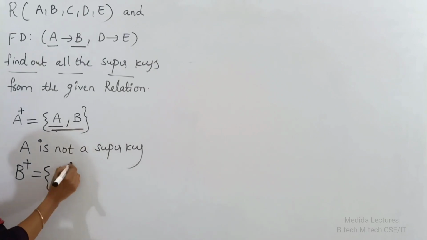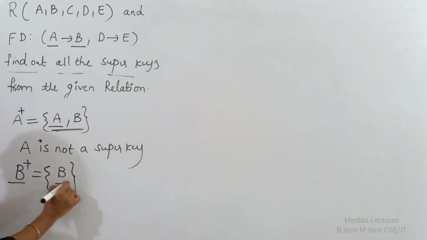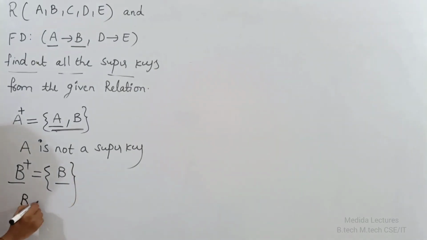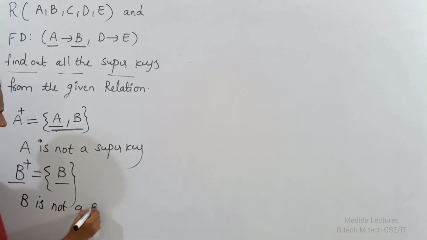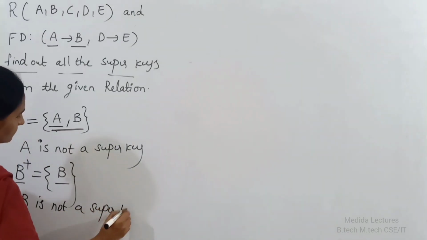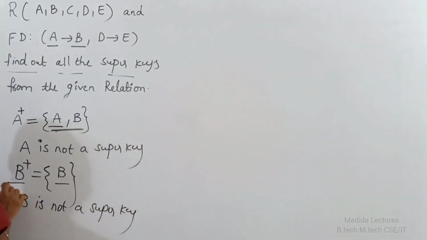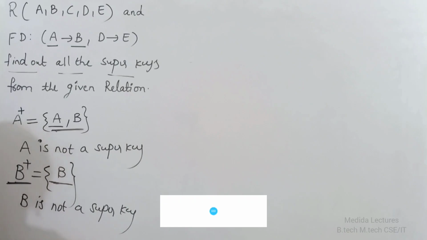So B closure consists of only B. Is B a super key? No, B is not a super key, because B closure consists of only B.